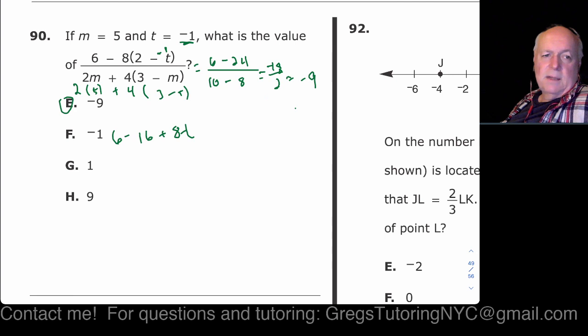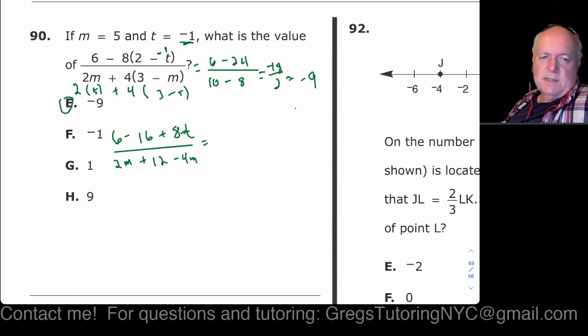Okay, our denominator, and let me make this clean so that we know what we're doing. Our denominator is going to be 2m plus 4 times 3 is 12, and then we have minus m, so we have minus 4m. All right, so we can combine some like terms.